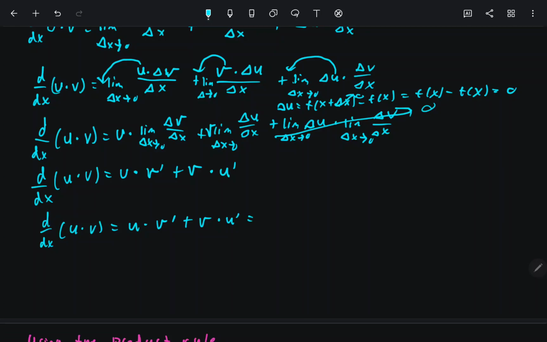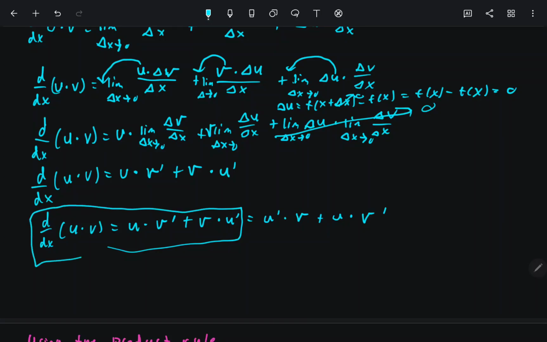That's the same thing as the derivative of the first, which is u in my case, times the second, plus the first times the derivative of the second. And that's the way I learned it when I was teaching myself calculus. And this right here is the product rule.